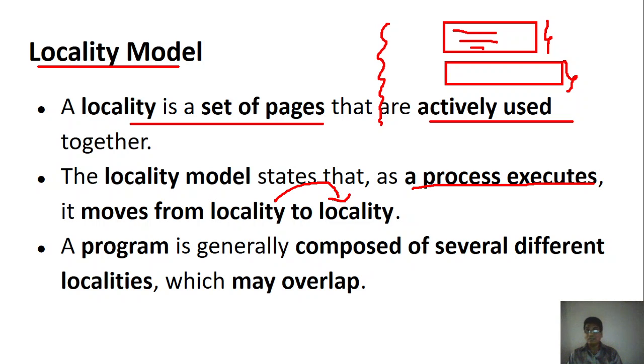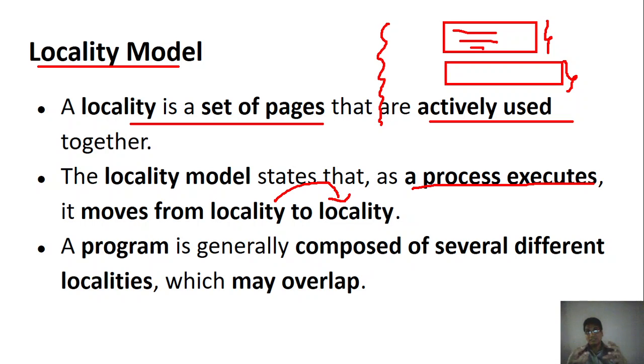So you can imagine that a program consists of a number of localities, each a set of pages which are actively used. It may use one set of pages, and after some time another set of pages, but there can be an overlap.